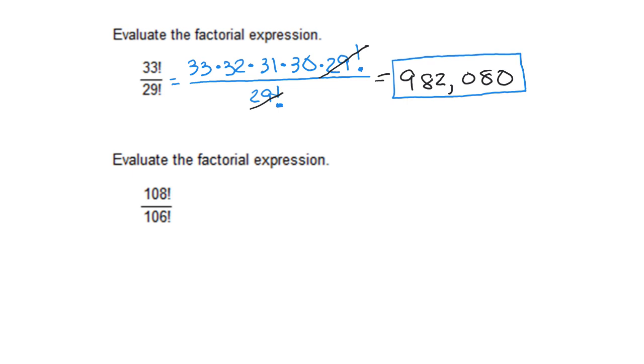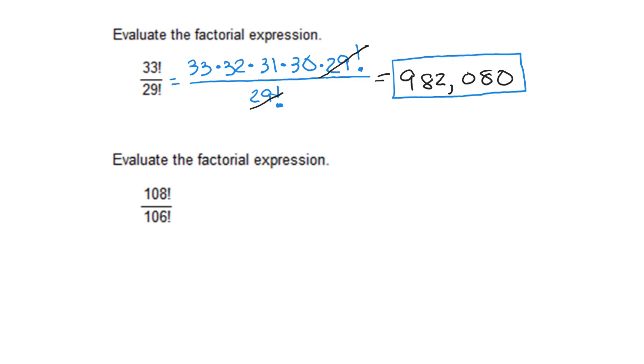Or you can place this directly in the calculator by using the fraction button, placing the number 33, then shift and x to the negative 1 to get your factorial symbol. Arrow down to get to the denominator, type in 29, shift again, x to the negative 1 to get the factorial, then press equal to evaluate.